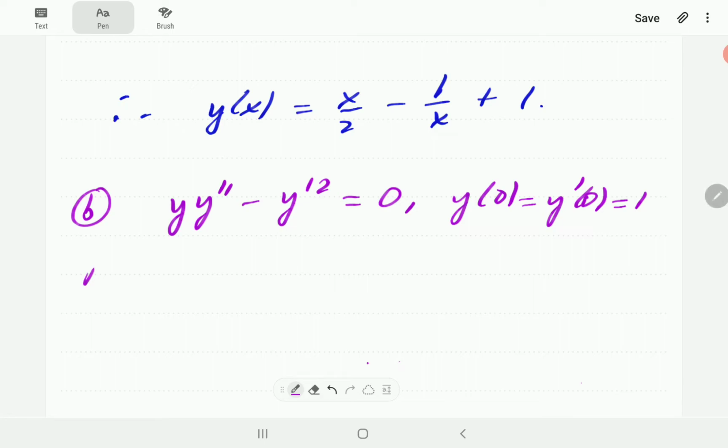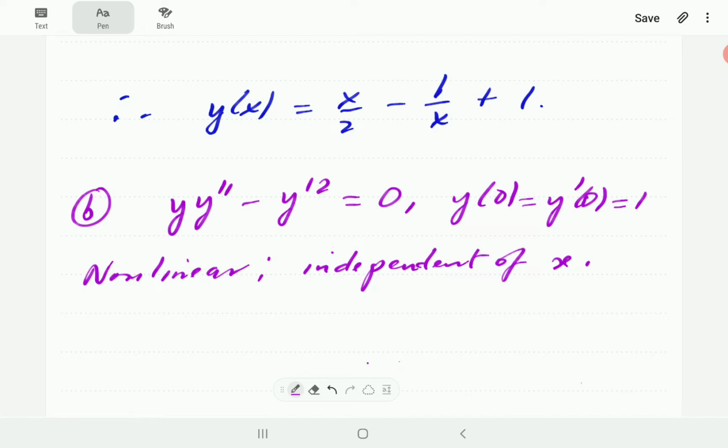This equation is nonlinear on account of this term here. We've got y being multiplied by its second order derivative. Well, actually, even this one is also nonlinear. And then this equation does not involve x, so this one is independent of x. y is there, y prime is there, y double prime is there.